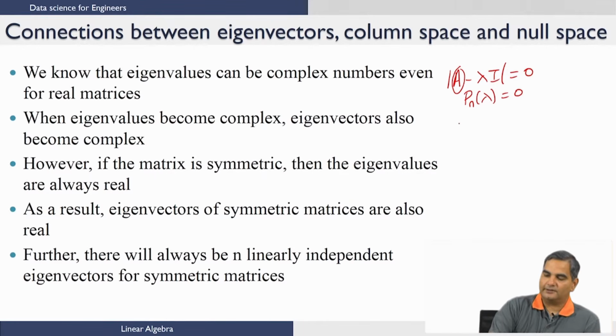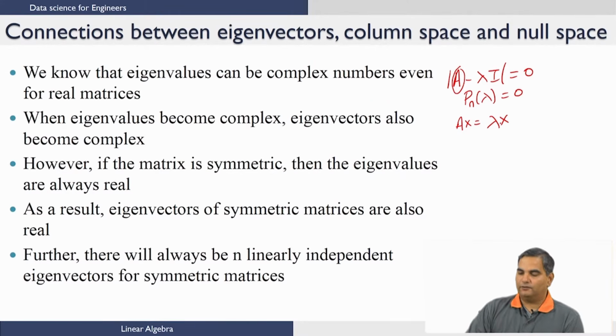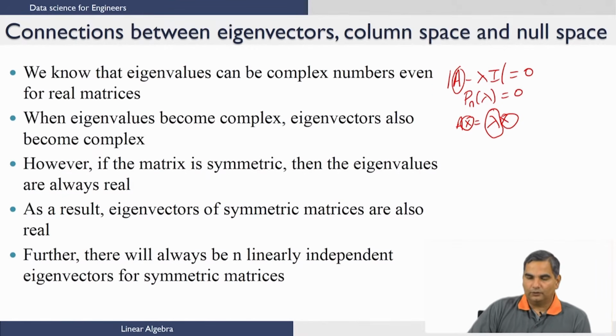And notice that since we write the equation Ax equals lambda x, whenever the eigenvalues become complex, then the eigenvectors are also complex vectors. So, this is true in general.